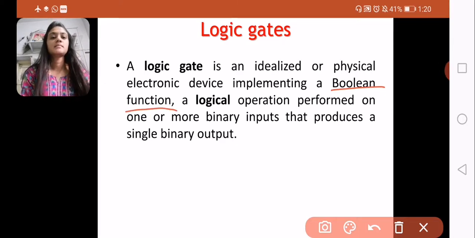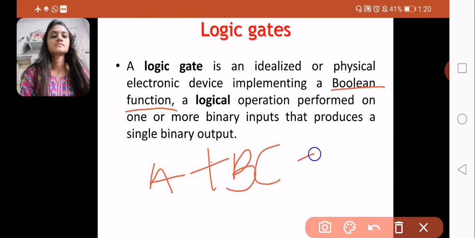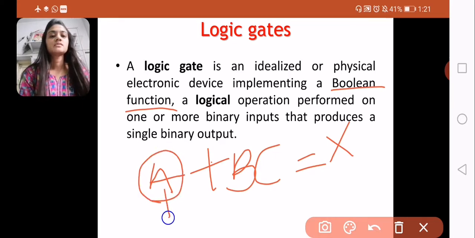In a mathematical equation, suppose A plus BC is equal to X, or whatever equation is given. In this, if a variable contains only two values, either 0 or 1, then it is called Boolean function.